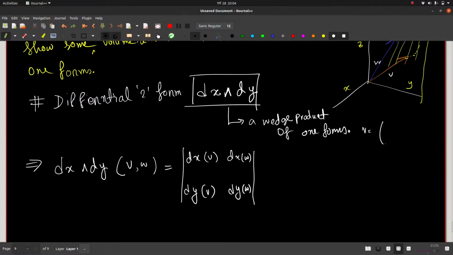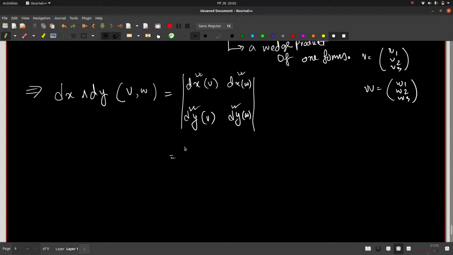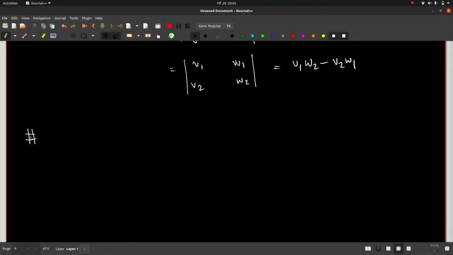And if you consider v to be, for this case, a 3-dimensional vector, let's say v1, v2, v3, and w to be w1, w2, w3, you can immediately say that these are just one forms that you saw in your previous lectures, and immediately you can write that this is just v1, w1, v2, w2. That means the determinant v1 w2 minus v2 w1. This is how you deal with a differential 2 form. And one thing to note is that this differential 2 form shows antisymmetry.